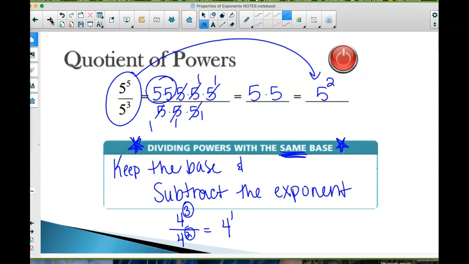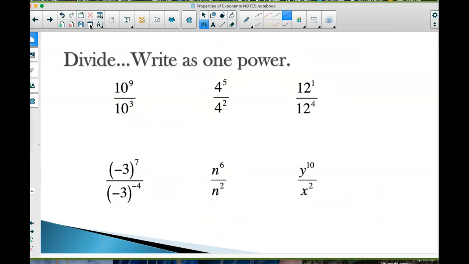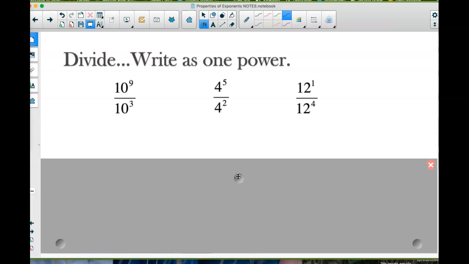Let's try a few examples. And again, you can put any of these in your notes as examples to look back at. Okay, let's start with number 1 here. 10 to the 9th power over 10 to the 3rd power. If I had to write it as 1 power, anybody willing to unmute themselves? 10 to the 6th. Absolutely.